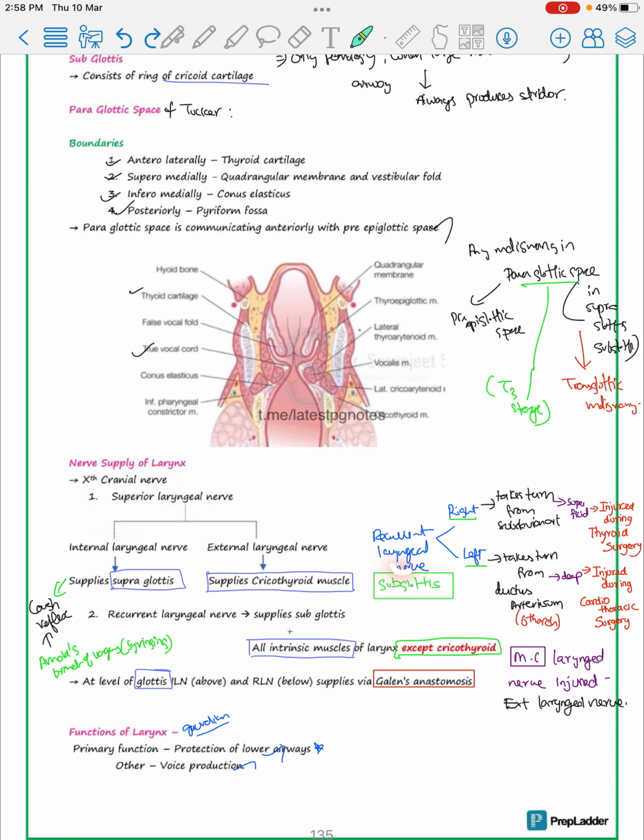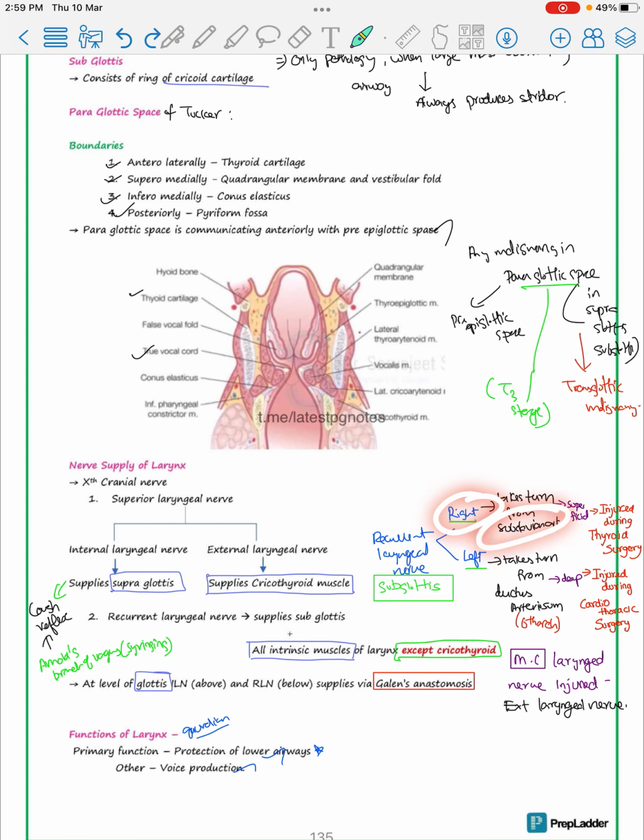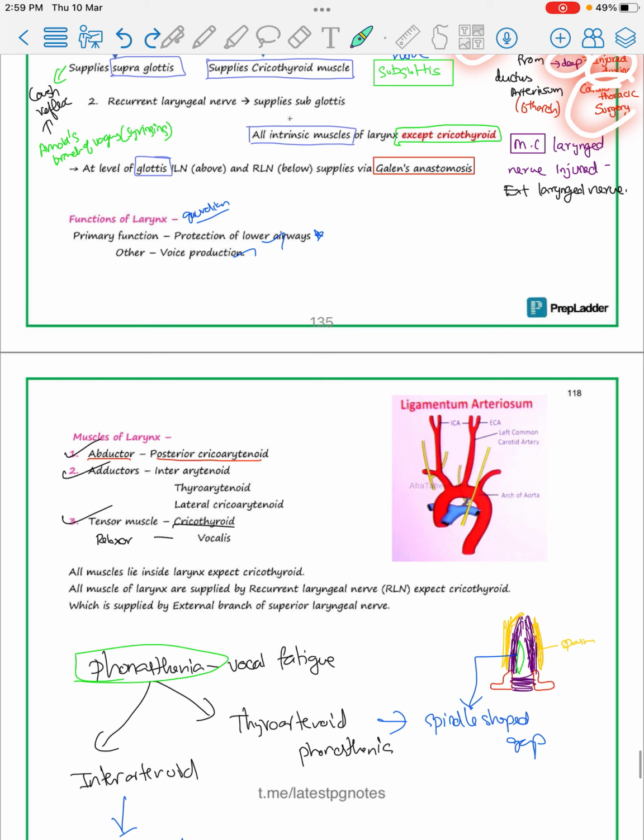The recurrent laryngeal nerve gives right and left branches. The right takes a turn from the subclavian artery, whereas the left takes a turn from the ductus arteriosus. So the right is superficial, and is injured during thyroid surgery, whereas the left is deep, and is injured during cardiothoracic surgery. You can see the diagram here.